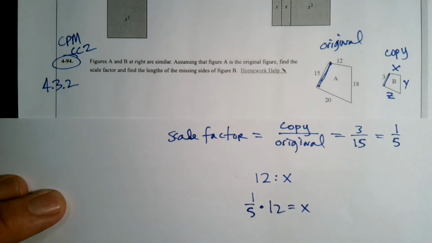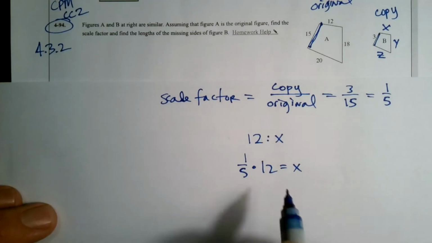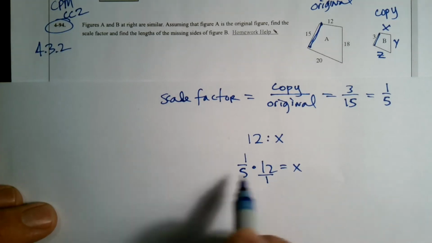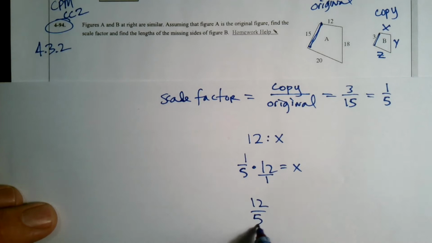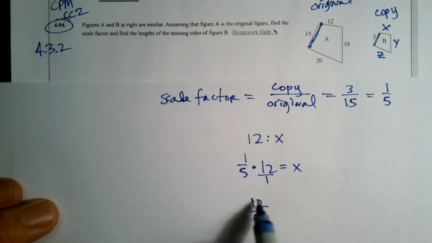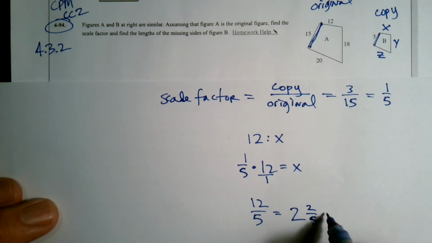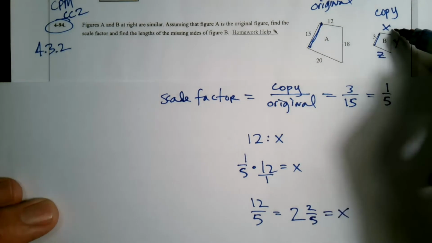Multiplying fractions, I put a 1 under the 12 and multiply straight across. I get 12 over 5. I'll make it a mixed number: 5 goes into 12 twice with 2 left over, so it's 2 and 2/5. That's my X, that length there.